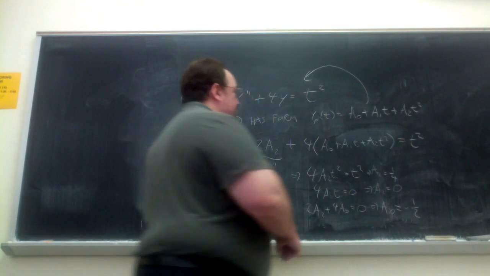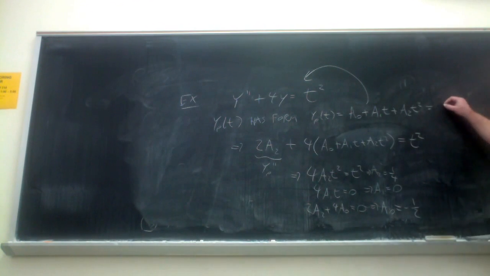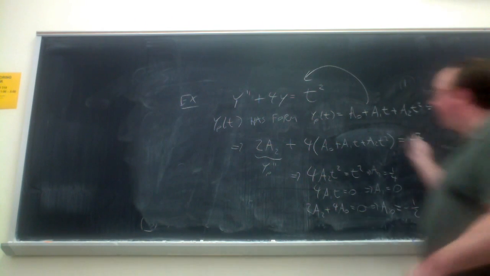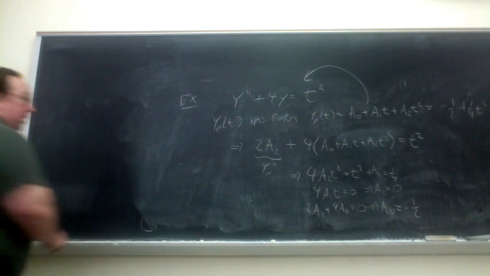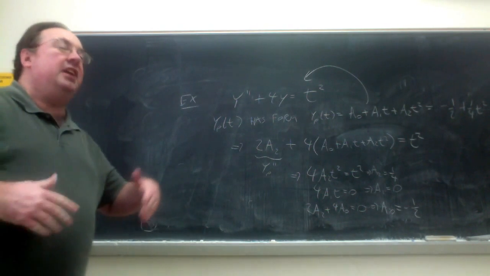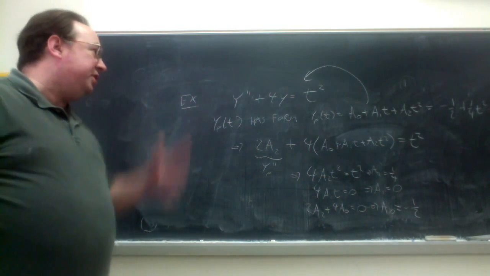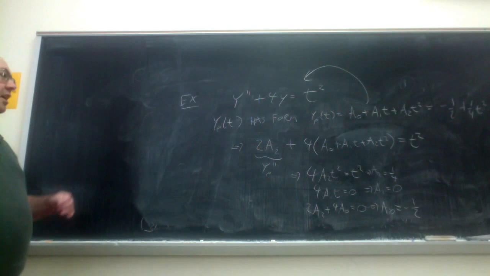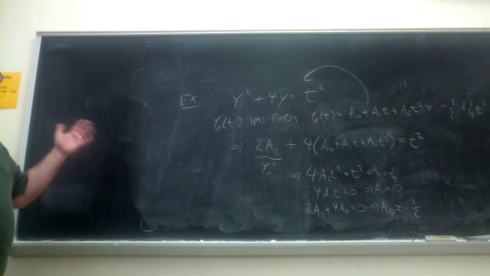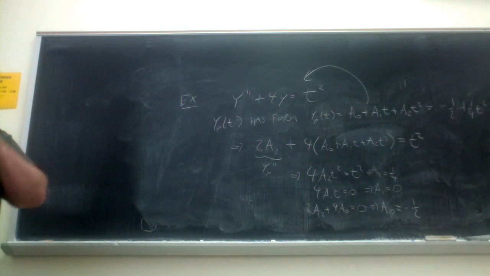So your particular solution turns out to be minus 1/2 plus 1/4 t squared. That satisfies this non-homogeneous differential equation. So how do you handle this for other g(t)'s? There's much more to it than that, but this gives you an idea, and we'll start exploring that on Friday.